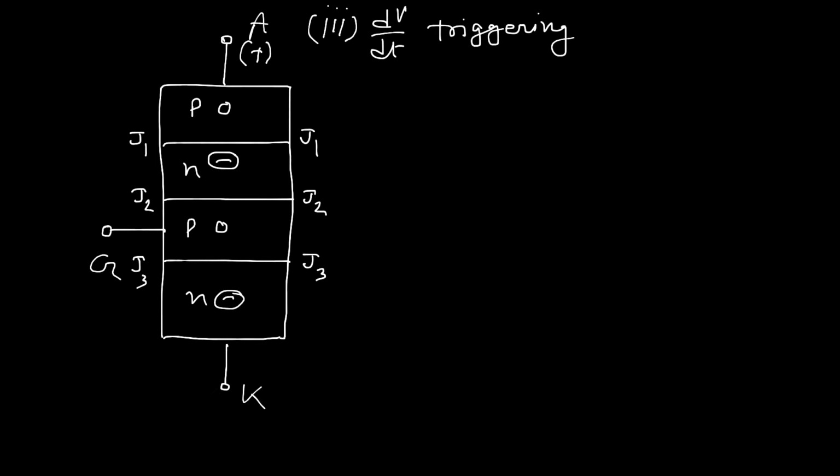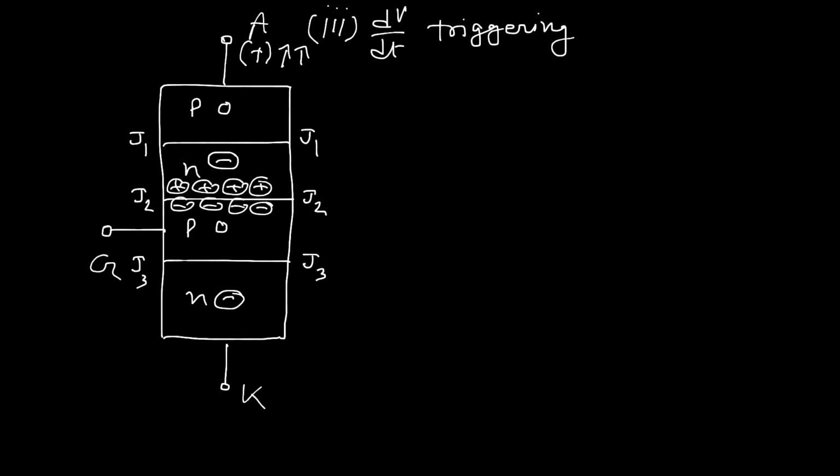If we increase the anode voltage very suddenly, a few immobile charges are confined across junction J2. That means it is a kind of parallel plate capacitor, so junction J2 behaves like a capacitor.